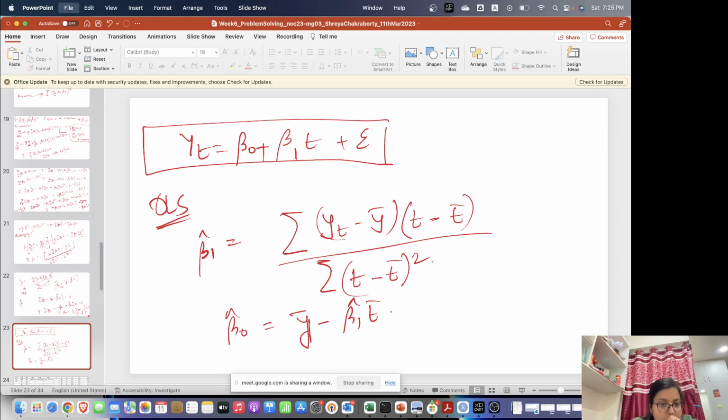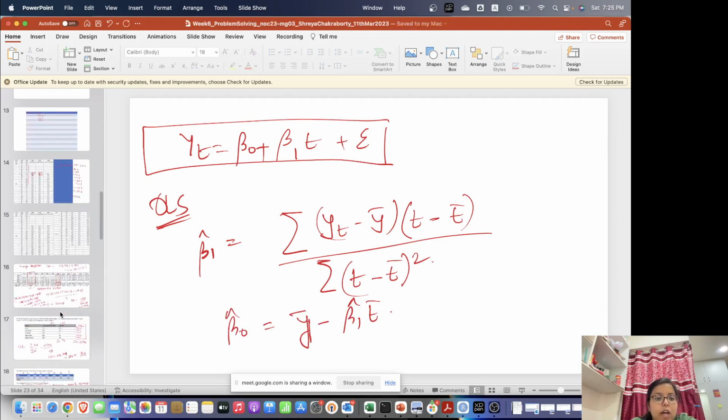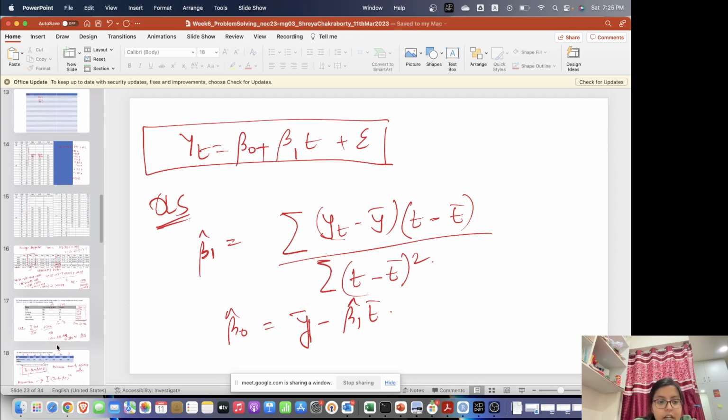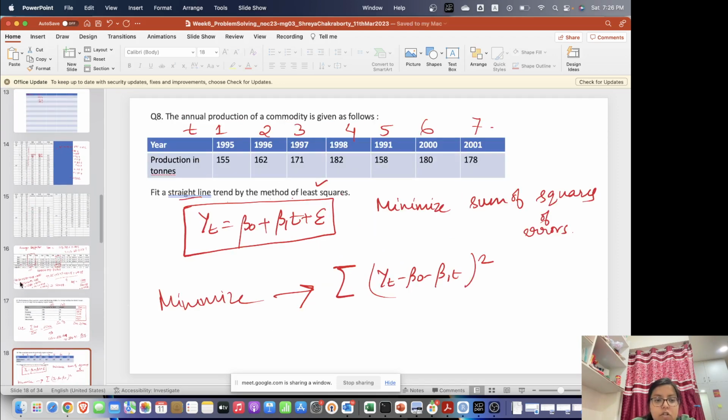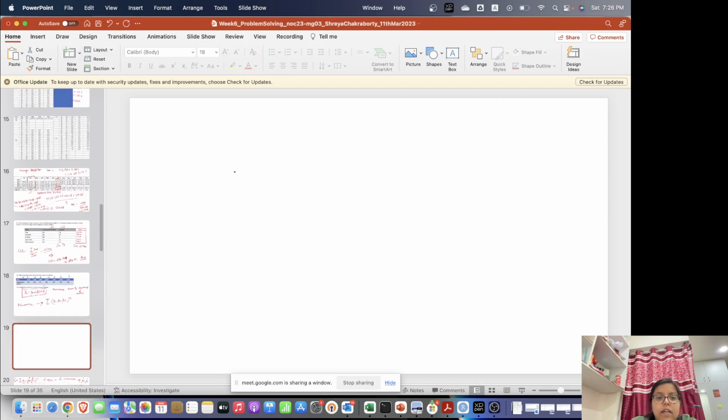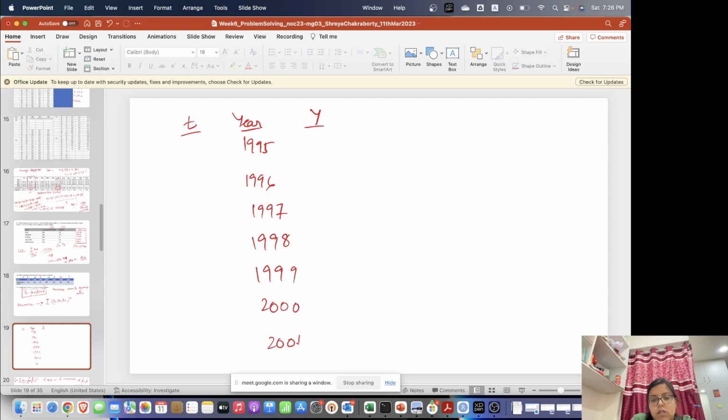Keeping these in mind, now we are going to fit a linear trend using this information. So what we have: t, year and y. So this is 1995, 1996, 1997, 1998, 1999, 2000, 2001. So t will be coded as 1, 2, 3, 4, 5, 6, 7.